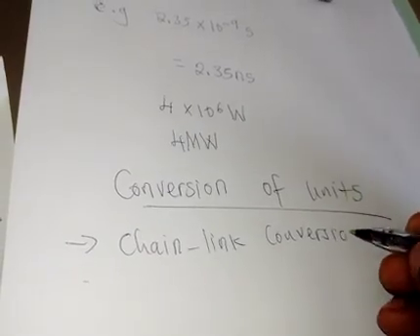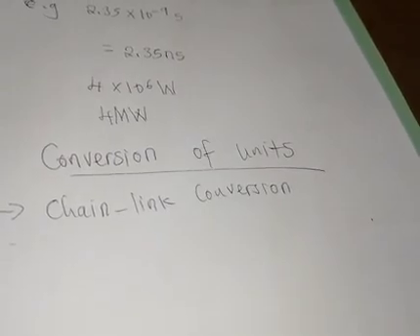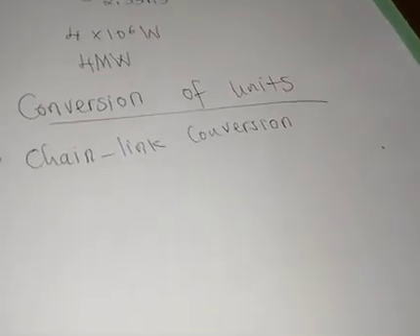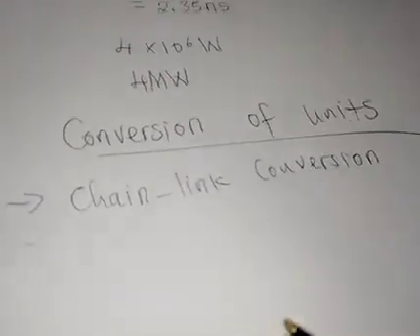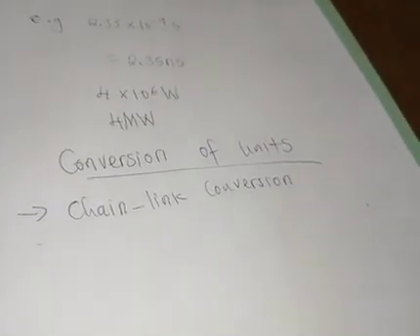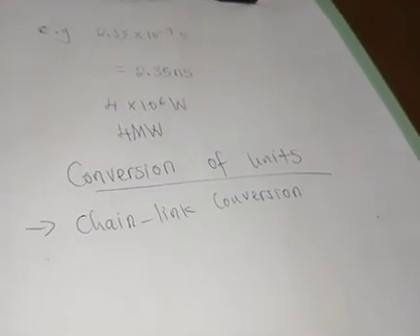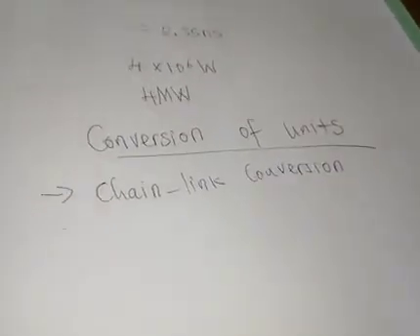So this is a method that we use to convert units from one system to the other, or converting within the system. So what is this chain link conversion? Under the chain link conversion, we use a factor which is written as a ratio equal to a unit. What do I mean like that?